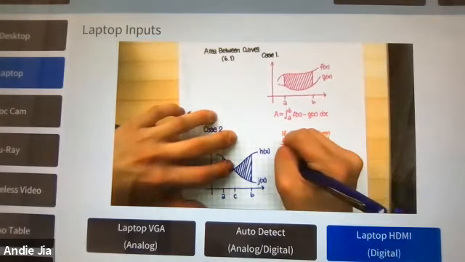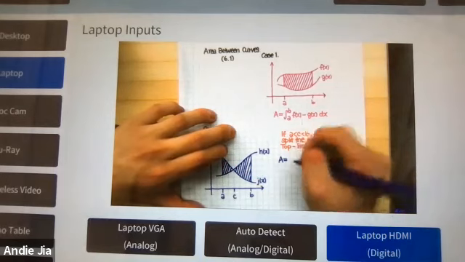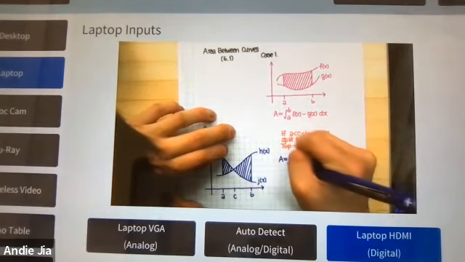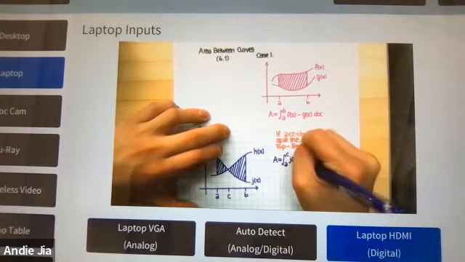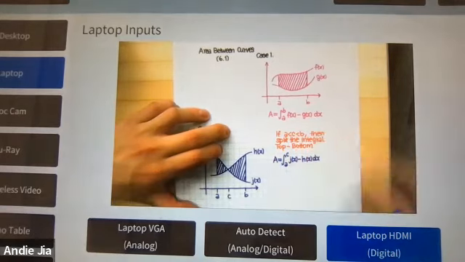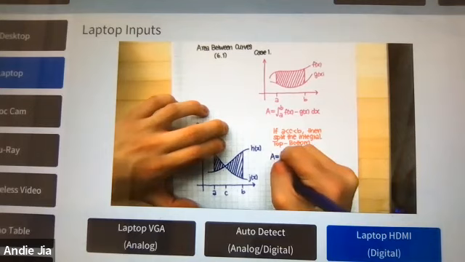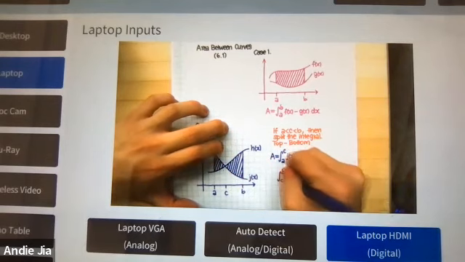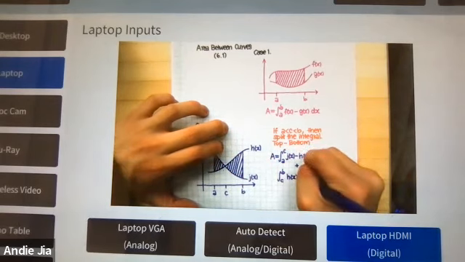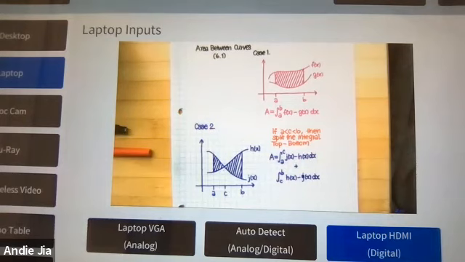So the total area is the integral from a to c of j of x minus h of x, plus the integral from c to b of h of x minus g of x. So always just make sure it's top minus bottom.